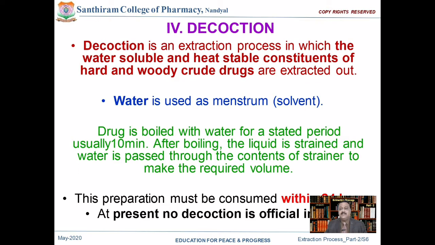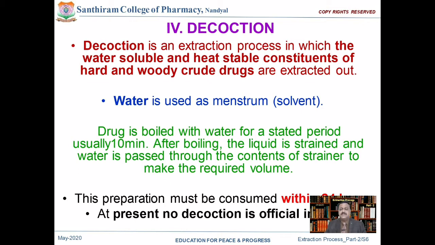And after boiling, the liquid is strained, in the sense you can just press the leftover part, and the water is passed through the contents of the strainer to make the required volume finally. And this preparation must be consumed within 24 hours, as we do in the case of infusion.